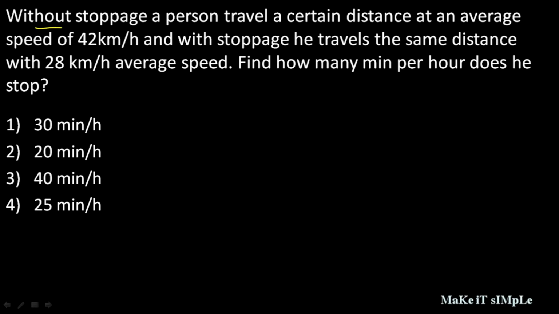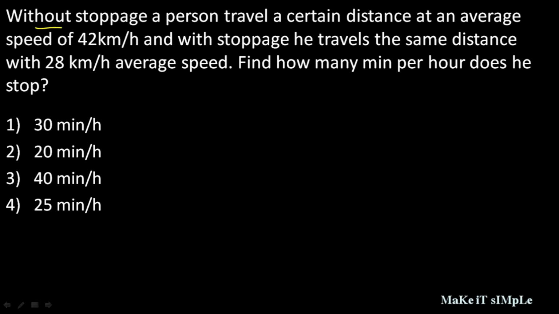Without stoppage, a person travels a certain distance at an average speed of 42 km per hour, and with stoppage, he travels the same distance at 28 km per hour average speed. Find how many minutes per hour does he stop.